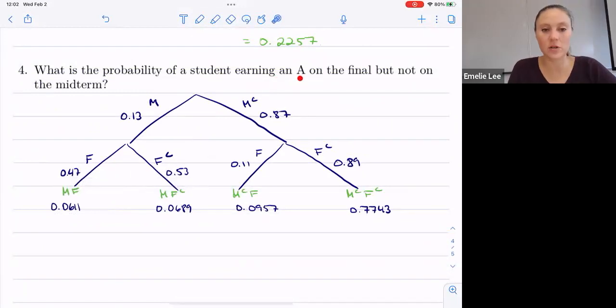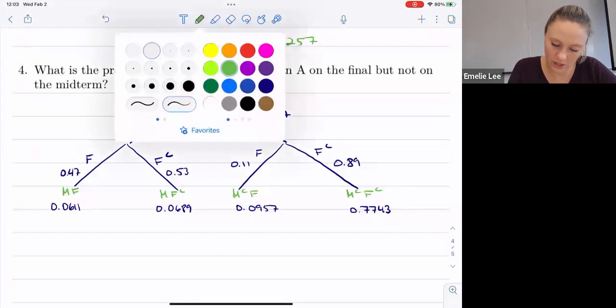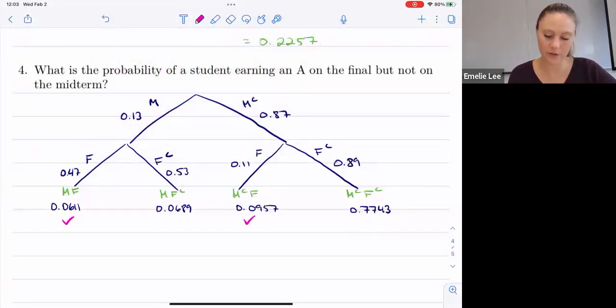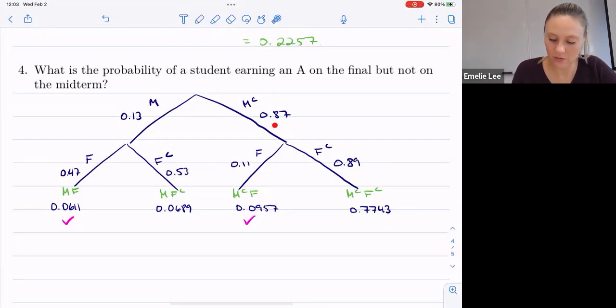The probability of a student earning an A on the final. So that is going to be either here or here, right? But not on the midterm. Says, but not on the midterm, but we can't have that.